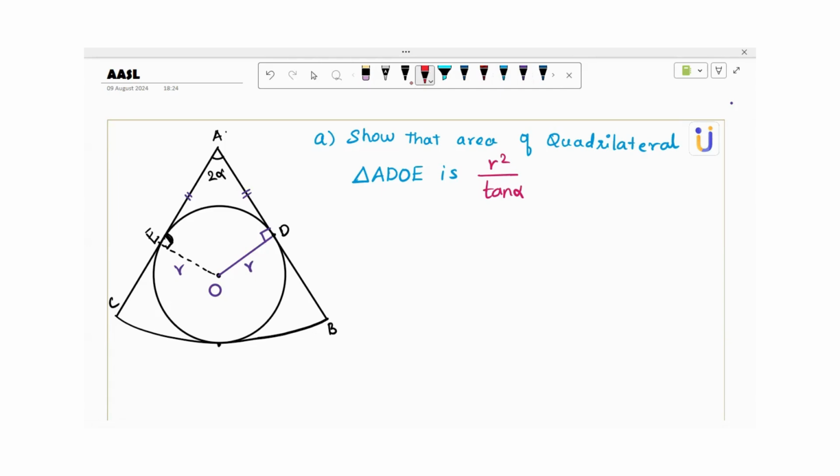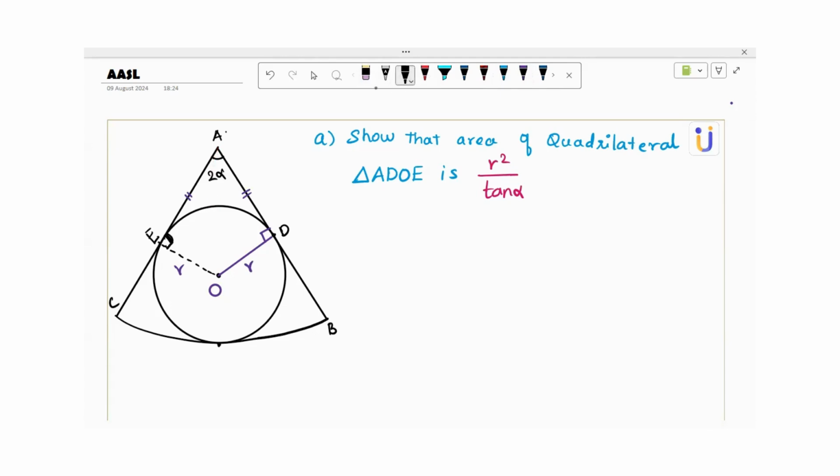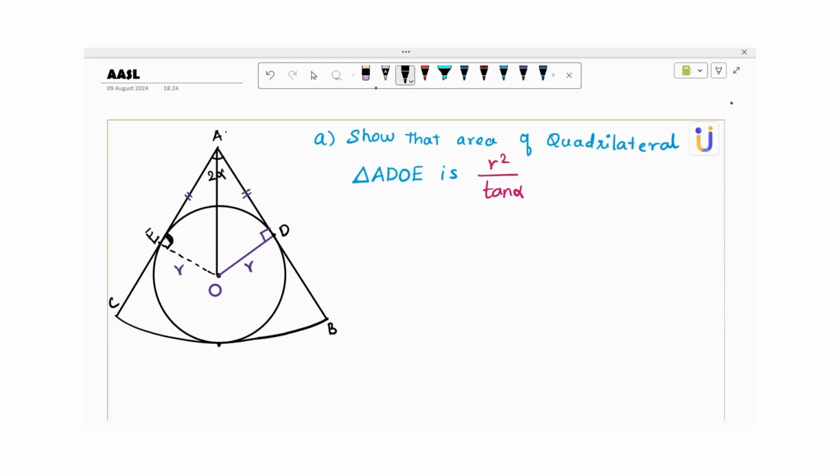To simplify it, let me draw an angle bisector at A, because I'm going to break the quadrilateral into two triangles. If you draw a diagonal for a quadrilateral, and this is the longest diagonal, this will split into two congruent triangles.